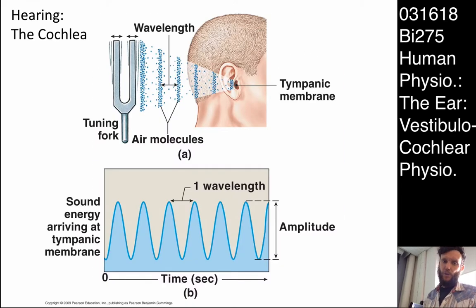Okay, so this is how it actually works. Some sort of sound happens. We have a tuning fork here, for example. And what is sound? It is, in fact, just pressure waves that are being caused in the air around you.